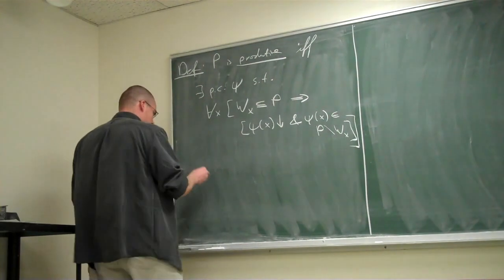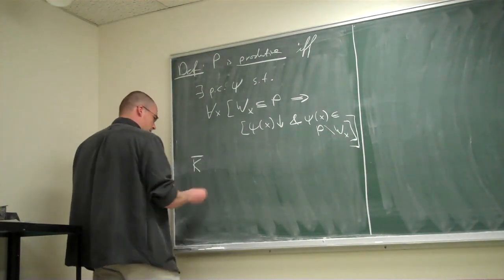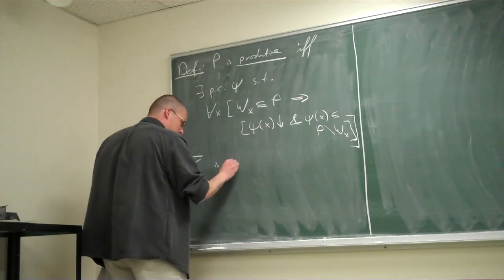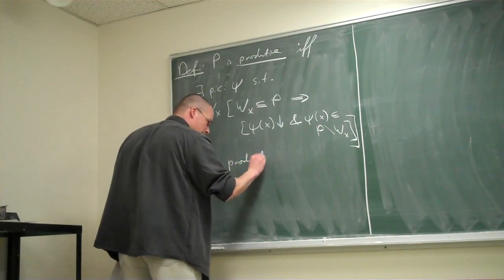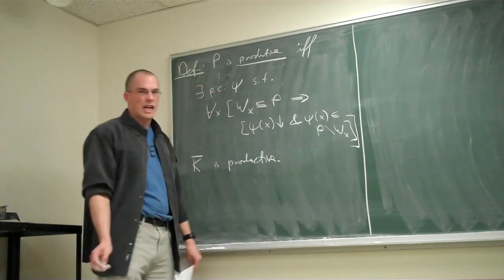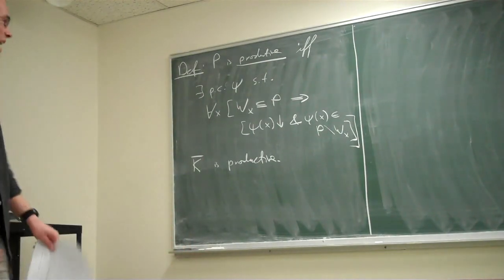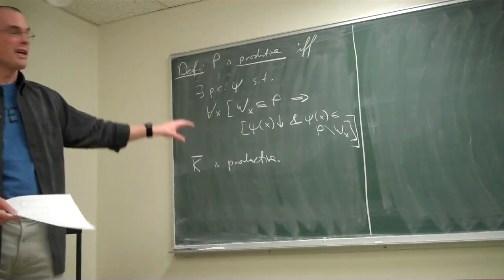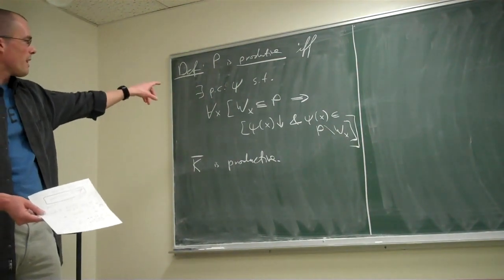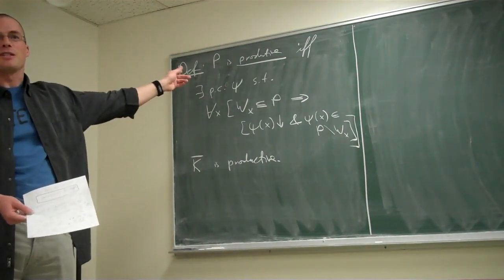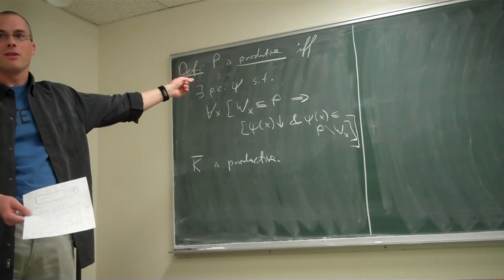And the standard example is K bar. K bar is productive. The complement of the halting problem is productive, and it's productive by a function psi, which is the identity function.